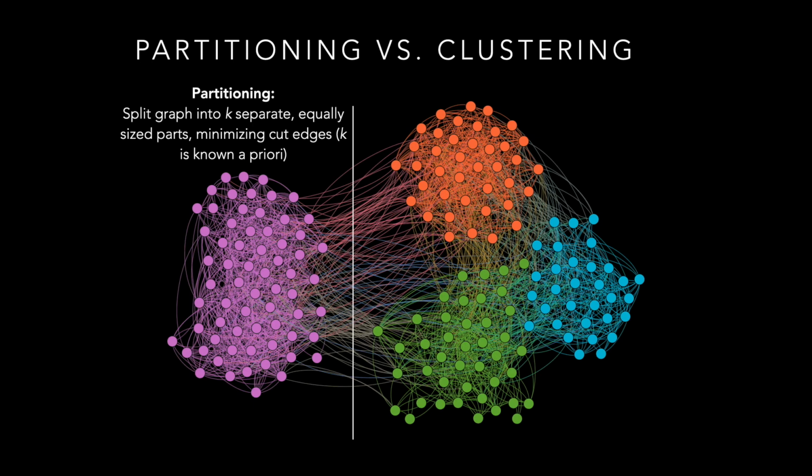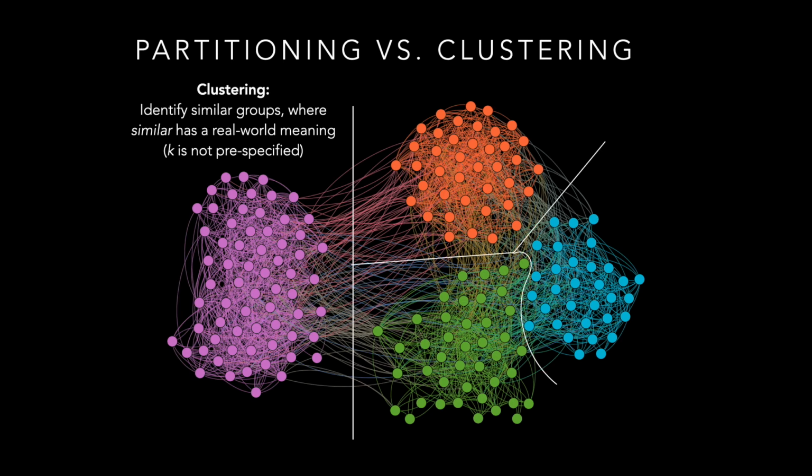So partitioning is generally where you want to split some graph into some predefined K sets, where the sets are expected to be of approximately equal size. And the primary metric you're looking for here is minimizing the number of cuts you have to make to the graph, how many edges you essentially have to delete or break in order to separate one partition from the other. Clustering, however, doesn't necessarily have to have a pre-specified K.